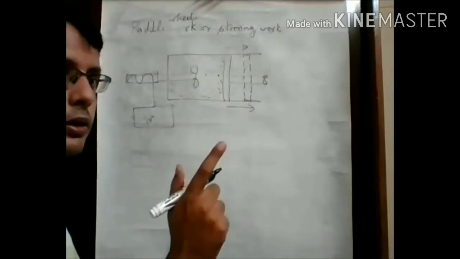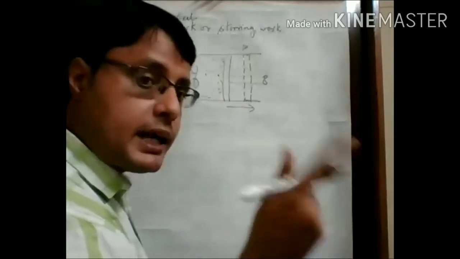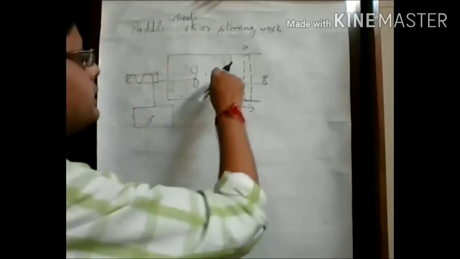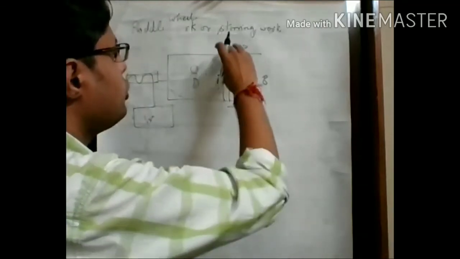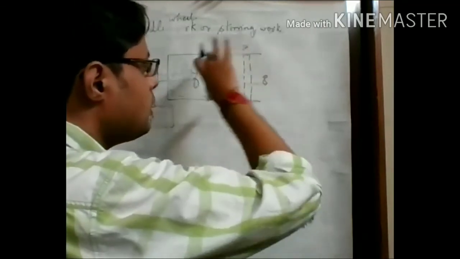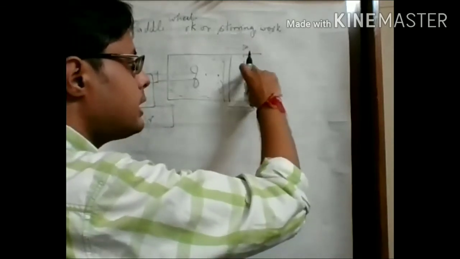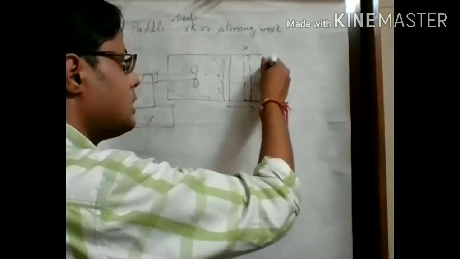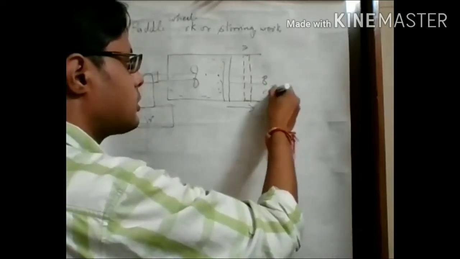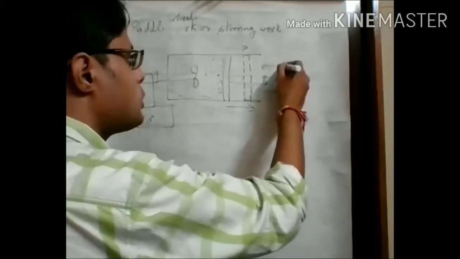And another one is work done by the system. This work done by the system is happening due to motion of this piston in the forward direction. That means this piston is moving in the forward direction against the atmospheric pressure. Okay, so this is the positive work.